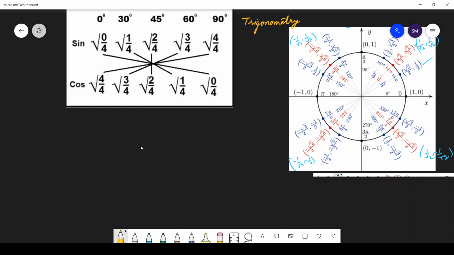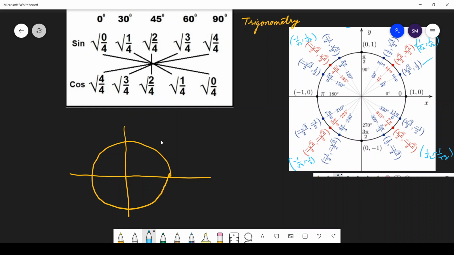So now let us plot these values on the unit circle. So unit circle means the radius is 1, and let us start with this angle 30 degree.